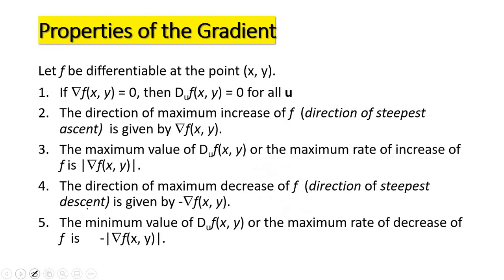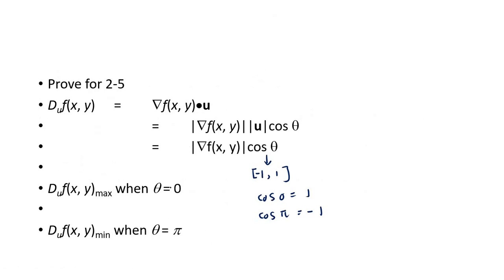That's why the maximum value is the magnitude of the gradient vector, and the minimum value is the negative of the magnitude of the gradient vector. The maximum happens when theta equals 0 because cos 0 is 1.